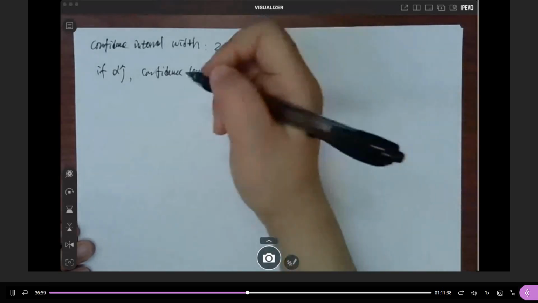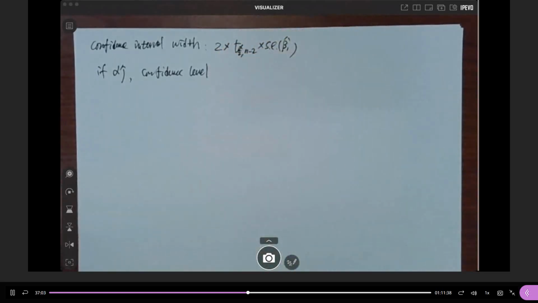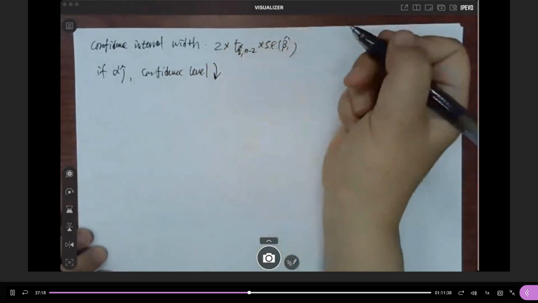Decrease, okay. Let's say alpha equals 5%, my confidence level is 95%. If alpha becomes 10%, I would say I'm 90% confident, right? So as alpha increases, your confidence level decreases.